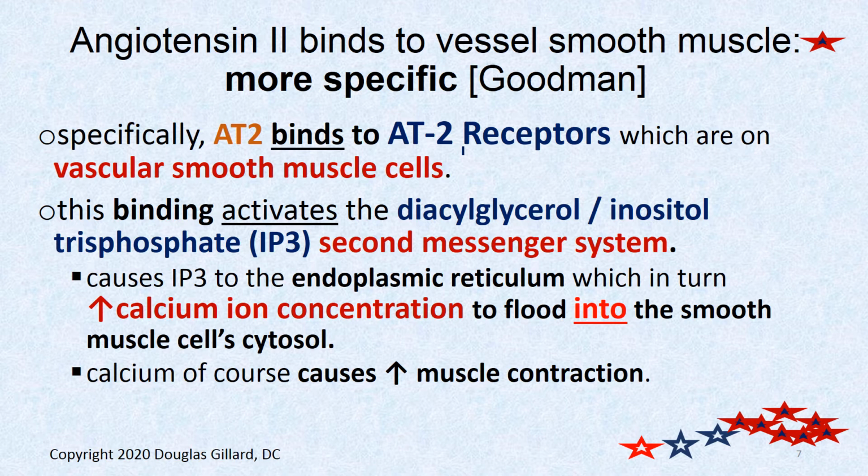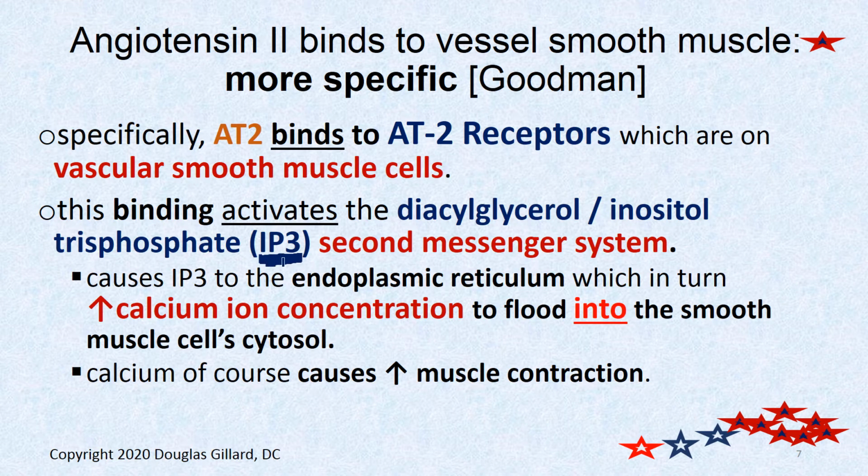More specifically, we can get a little deeper into that. Angiotensin II actually uses angiotensin type 1 binding receptors. We'll just call them AT1 receptors, which are located on the vascular smooth muscle of arterioles, we'll say. And this binding stimulates that second messenger system, the diacylglycerol and inositol triphosphate, nicely known as the IP3 system.